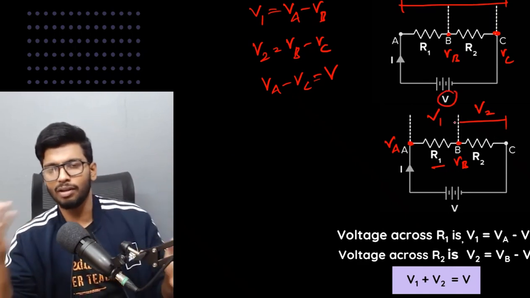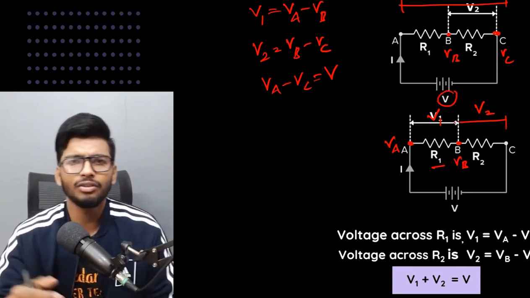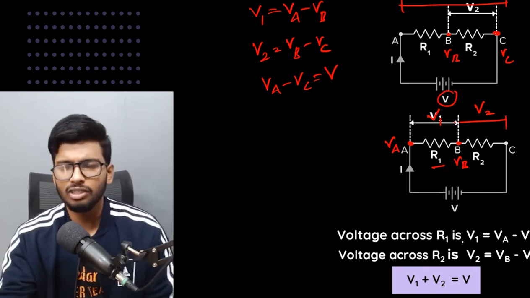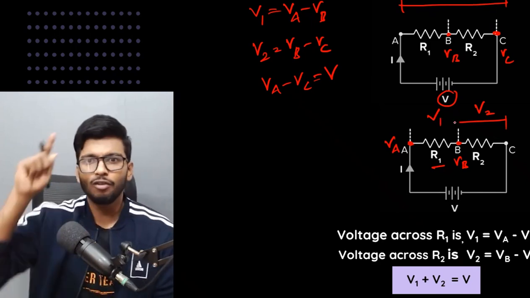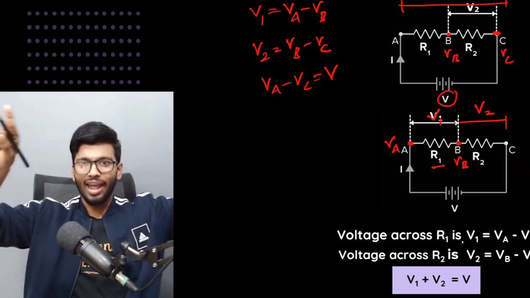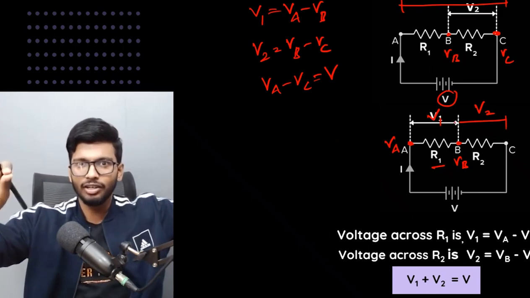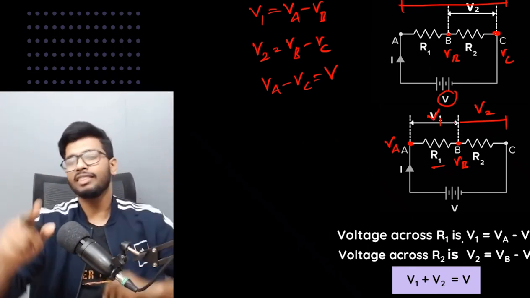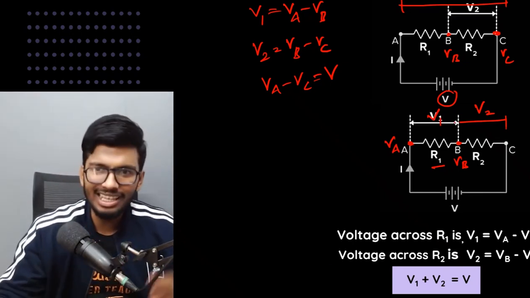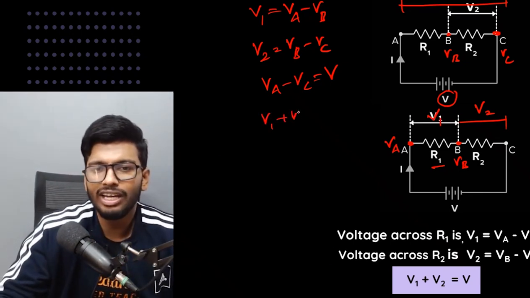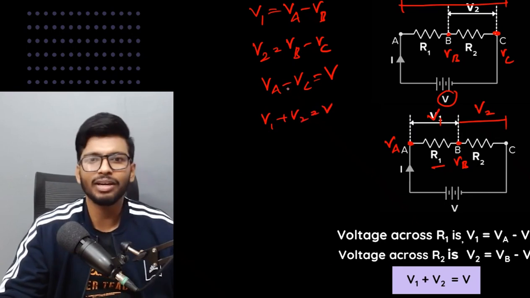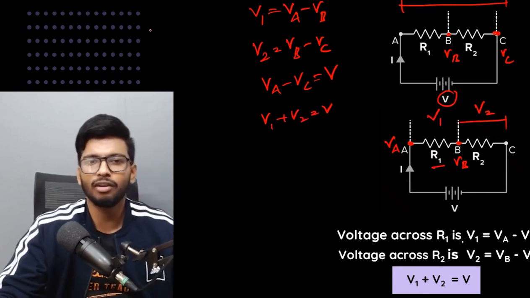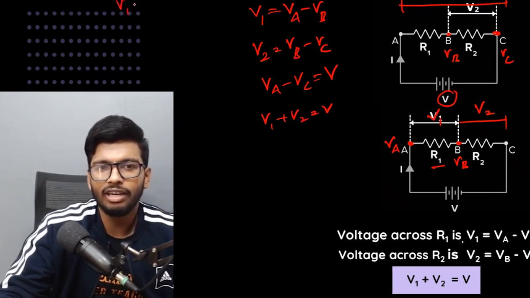Whatever is the potential difference applied by the battery, the terminal voltage or the EMF of this particular cell, that will be nothing but V. So VA minus VC, which is the two ends of the two resistors combined together, would be equal to V. So you can say that V1 plus V2 is equal to V. Right, because if you just add V1 plus V2, V1 is equal to what?